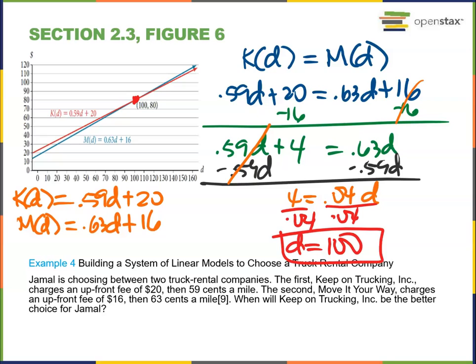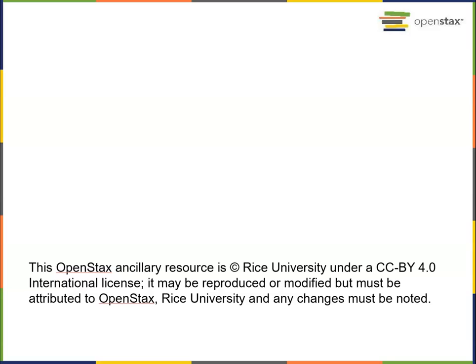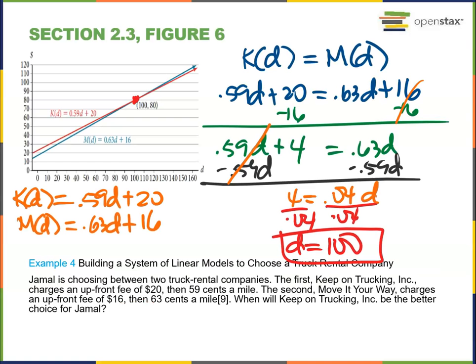Okay, that is when D is greater than 100. And that's it for this section 2.3, modeling with linear functions. Thank you.